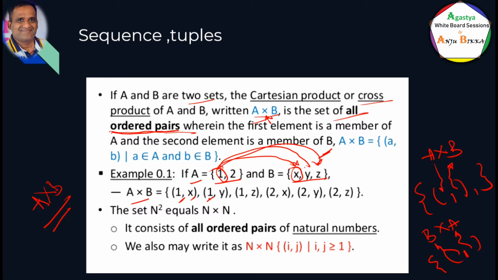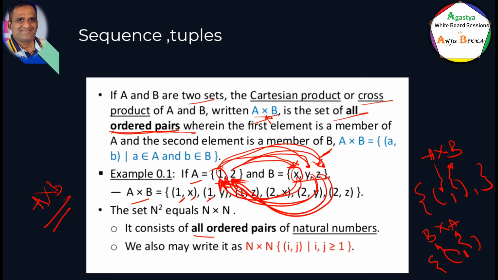So (1,x), (1,y), (1,z) and (2,x), (2,y) and (2,z). If we write B cross A, it is going to be different: (x,1) and (x,2), (y,1), (y,2), (z,1) and (z,2). So that's what the Cartesian product is.